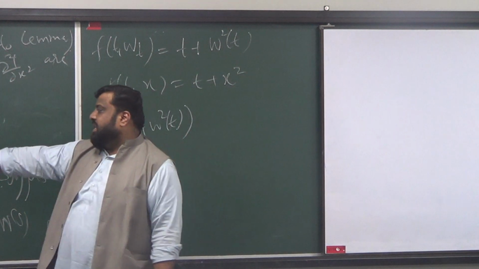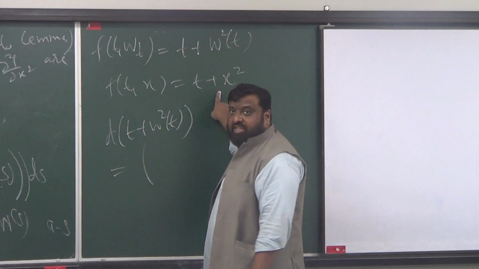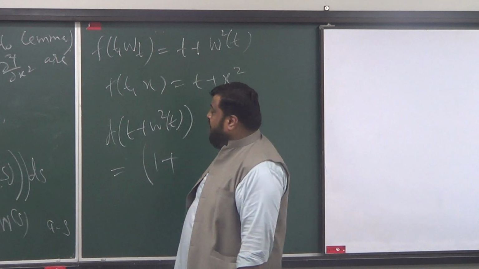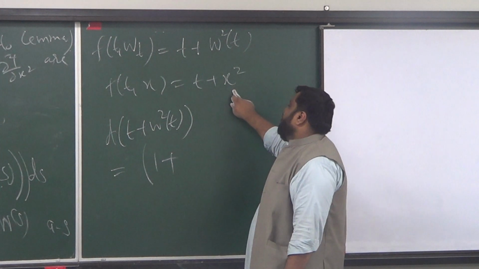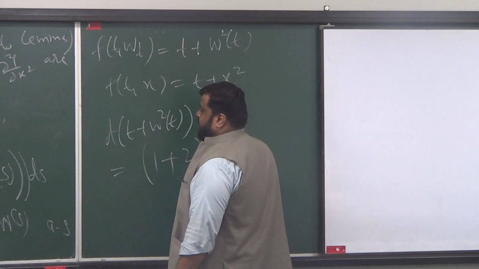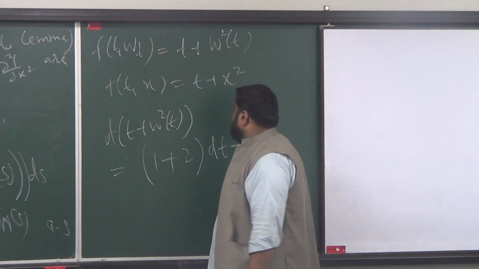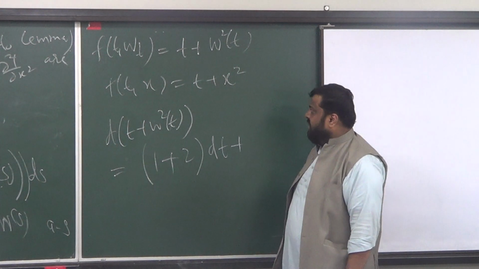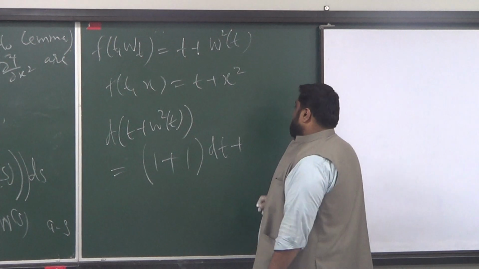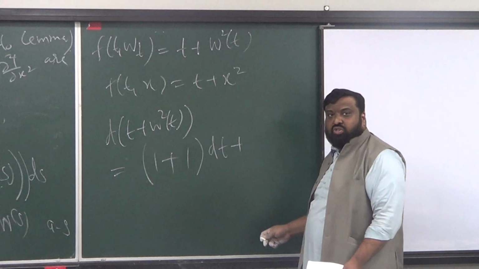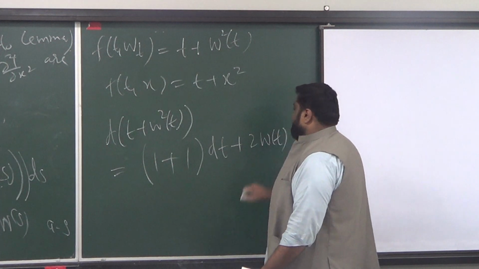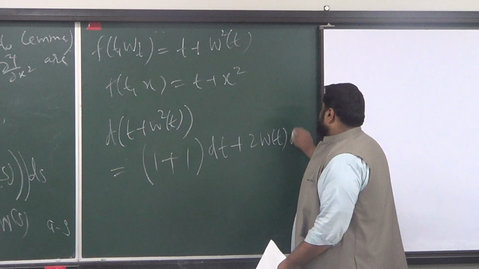Partial f by partial t is 1, plus 1/2 times the second derivative, differentiating twice gives 2, so it's 1 plus 1/2 times 2, dt. Plus partial f by partial x, which is 2x, that means 2w of t, dw.